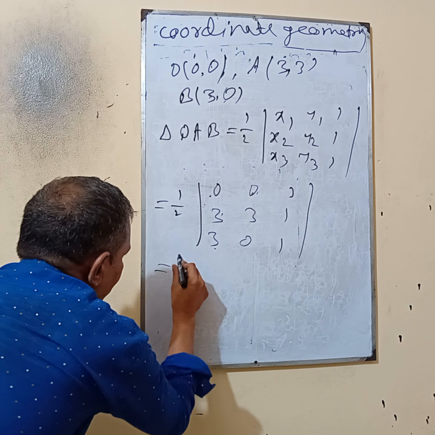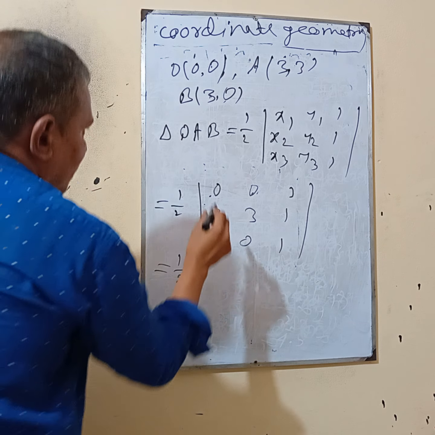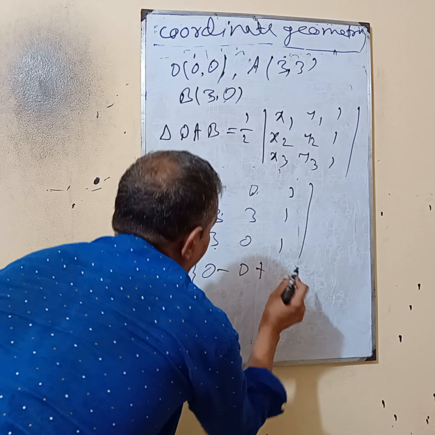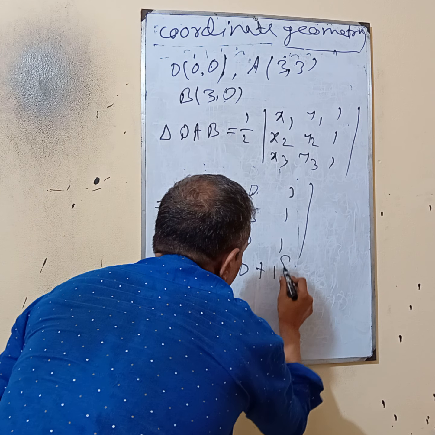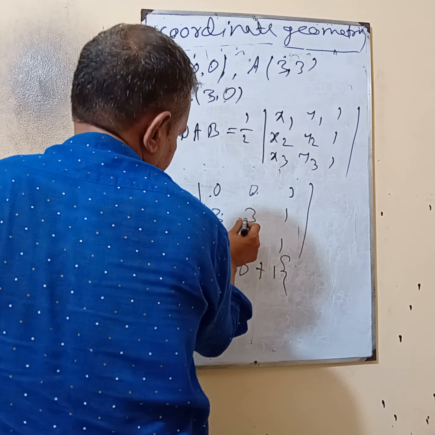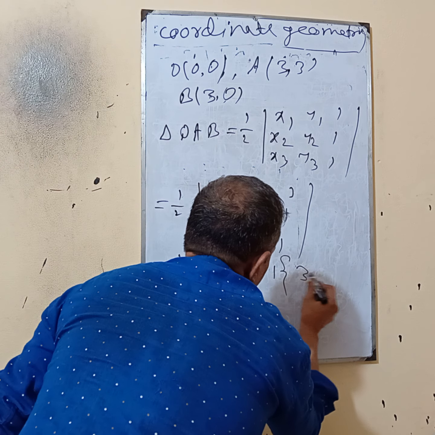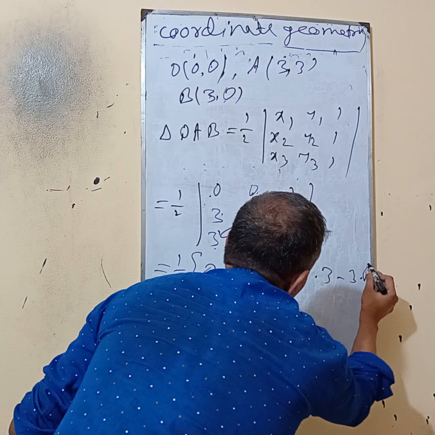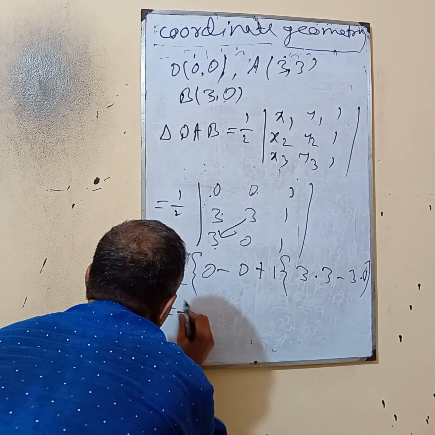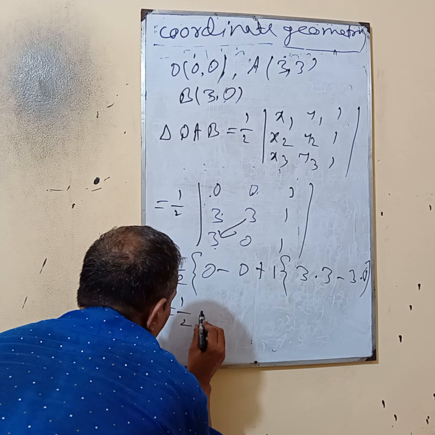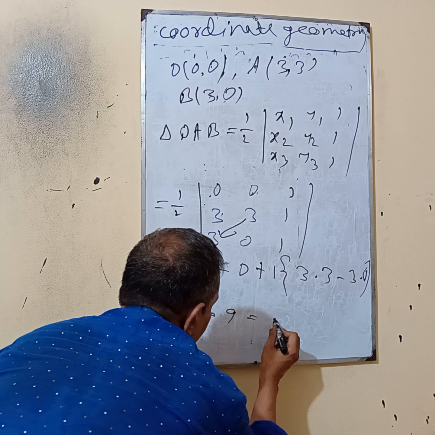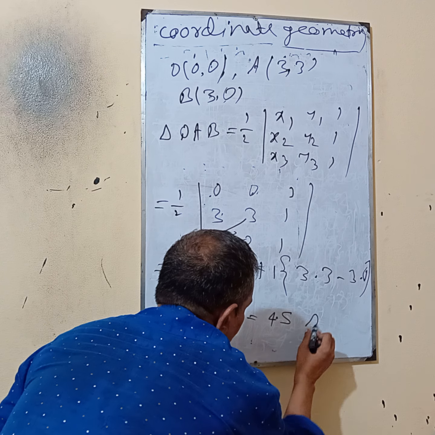Now calculation: 0 minus 0 plus 1 into (3 into 3 minus 3 into 0). Half into 9 is 4.5 square units.